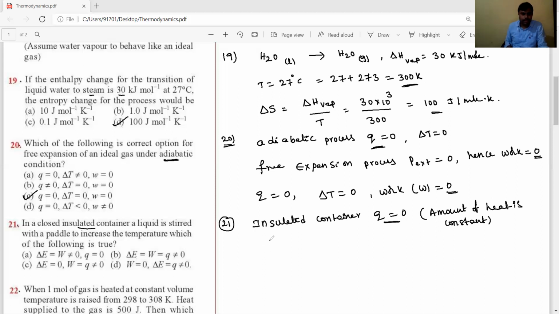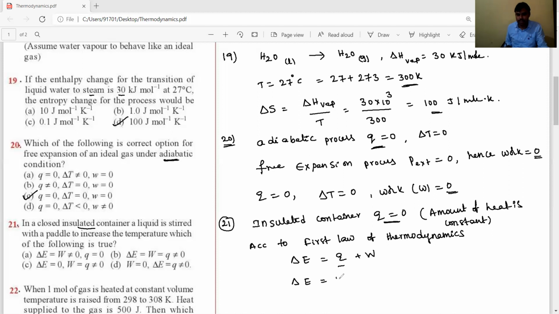Now, according to the first law of thermodynamics, delta E, the internal energy change, is equal to Q plus W, and Q is equal to 0, which means delta E is equal to W. The internal energy change equals work.